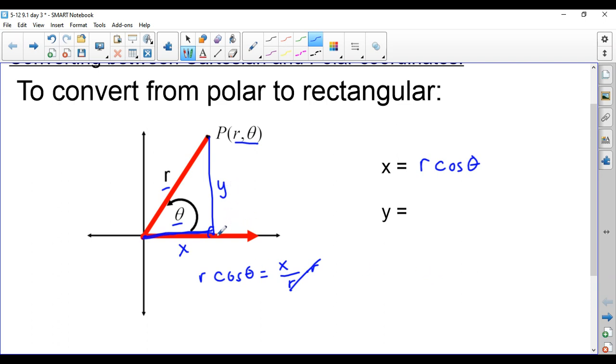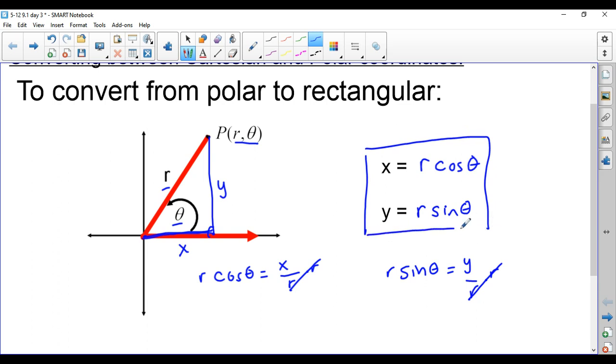The y coordinate can be found with this length over here, which is opposite of theta. So sine of theta equals opposite over hypotenuse equals y over r. And again, if I multiply the r to the other side, I get an equation that says the y coordinate is equal to r sine theta. So these two equations can be used to find the x and y coordinates.